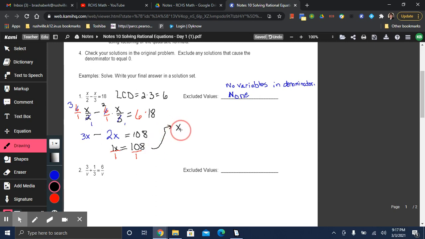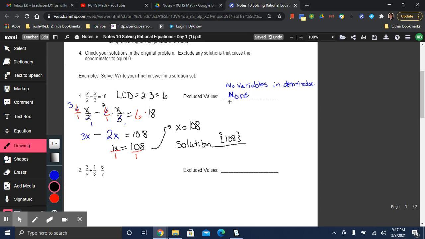I'll end up with x equals 108. And that's my solution. So if you have a blank where you're supposed to write your solution, you could either put it in a solution set or just write x equals 108. So that would be your solution to the equation.